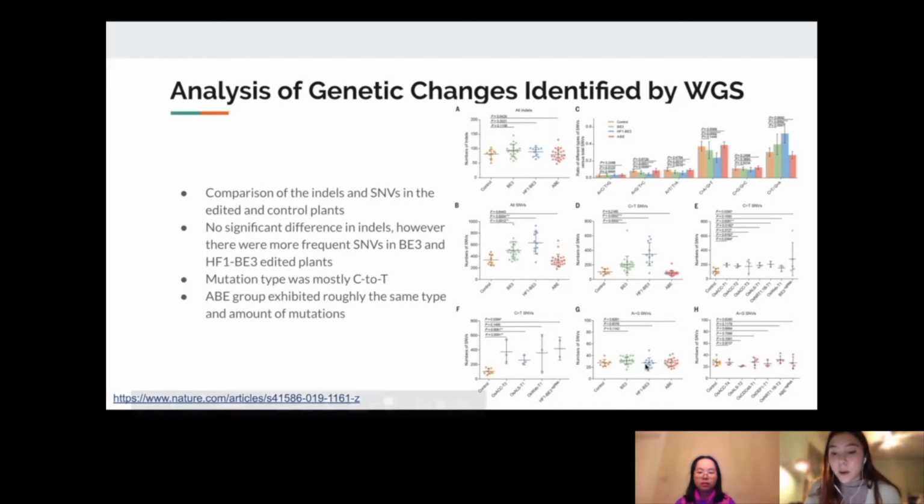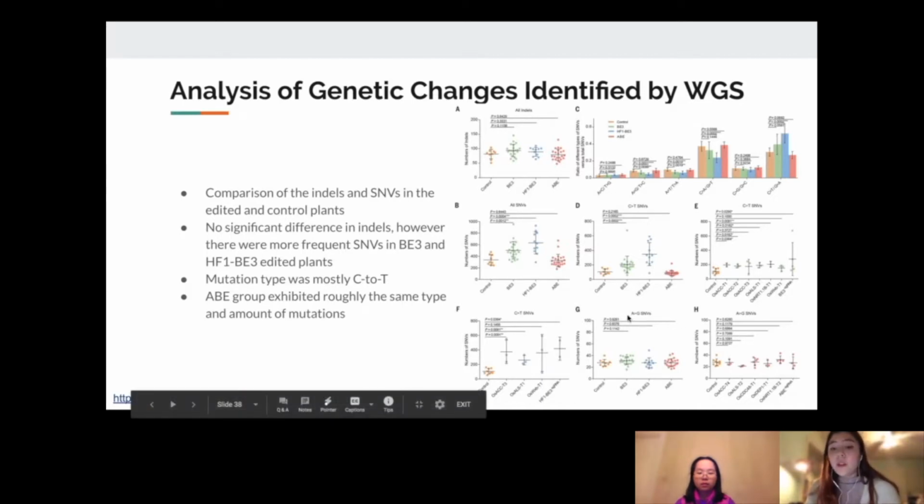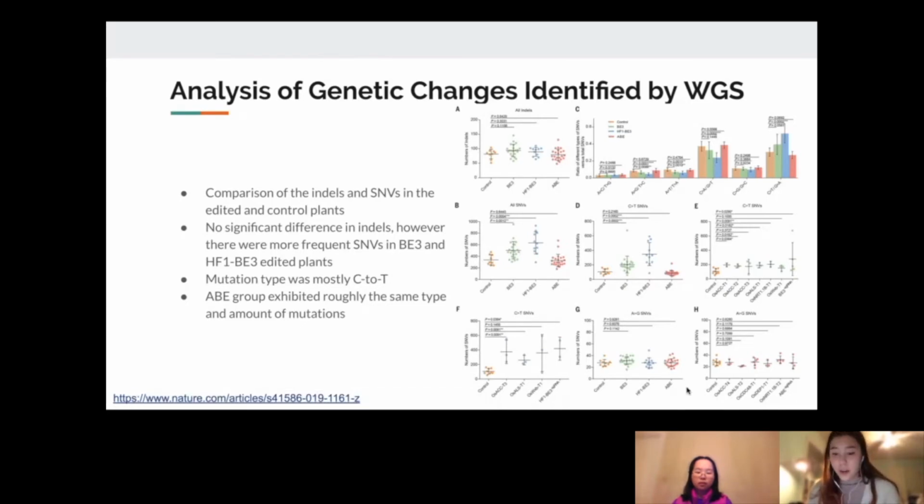So what's interesting, though, is that if we look then at part G of this table, we can see the number of A to G single nucleotide variant mutations that are present in all 4 plant types. So since we have for the cytosine base editors a higher number of C to T SNVs, we would expect somewhat to see that the adenine base editor also exhibits a higher A to G SNV, since that's what they tend to catalyze.